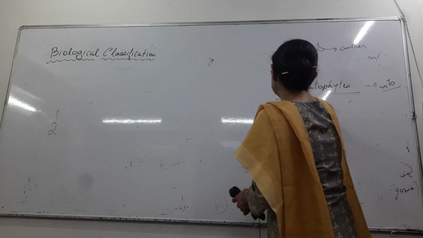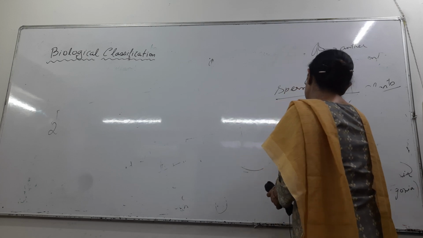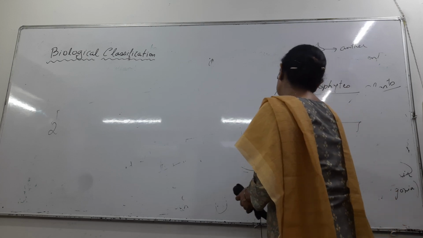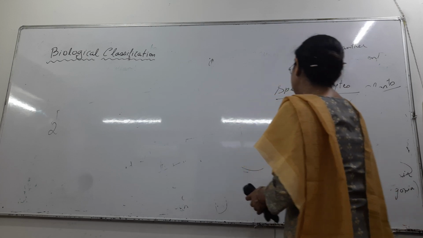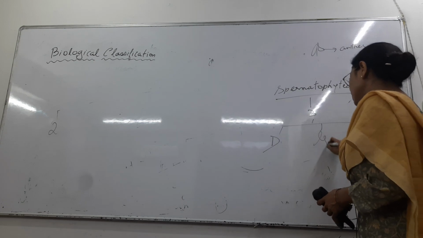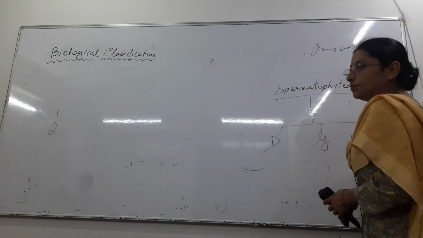Spermatophytes are divided into three groups: dicots, gymnosperms, monocots.